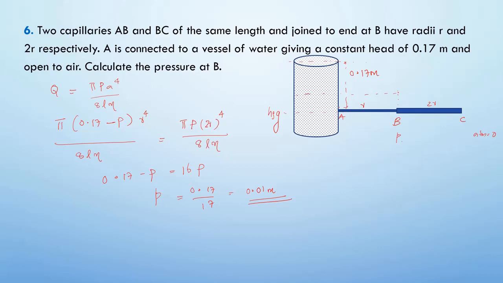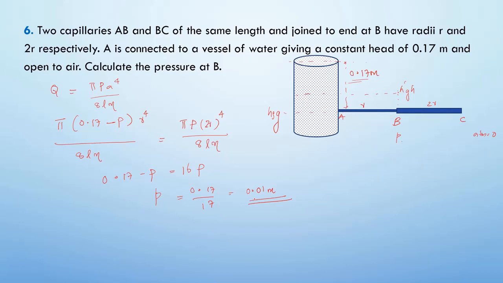If the pressure at A is created by this head at a height 0.17, the pressure at this point will be created by another height, that is 0.01 meter. So the pressure at this point is equal to the pressure created by a water column of height 0.01 meter.